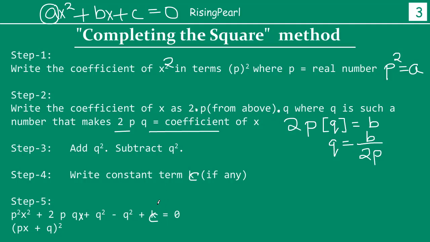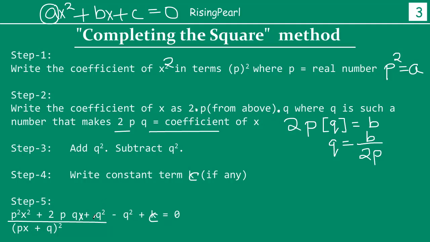And the advantage of doing this is that if you look at the first three terms, this term plus this term plus this term, we can write this as (px + q) whole square.